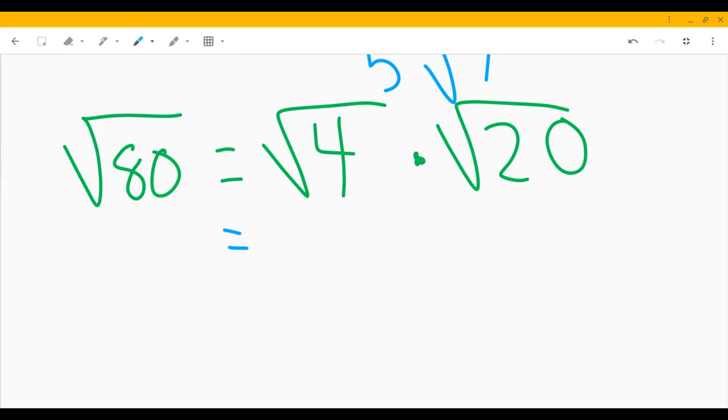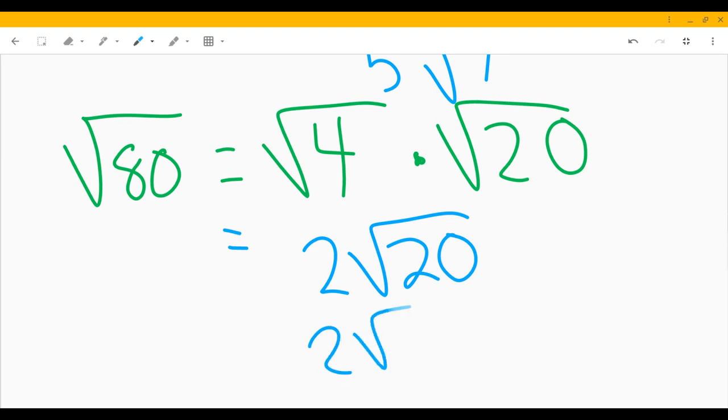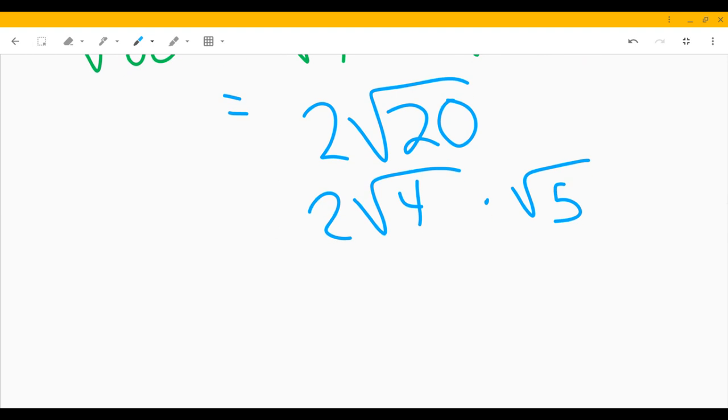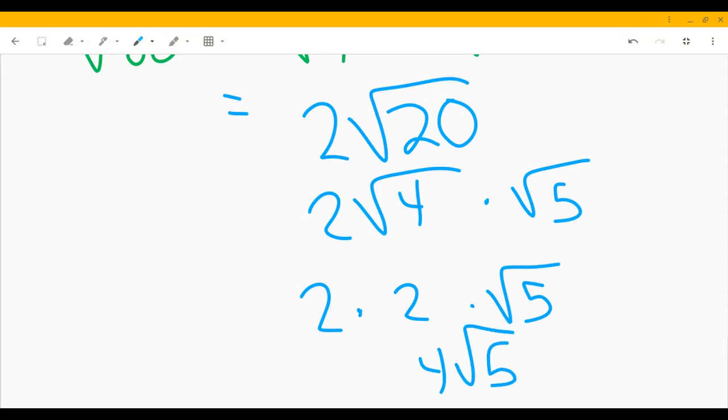This will be simplified to 2 radical 20. However, we worked on this problem earlier. We know that we can still simplify radical 20 as 2 radical 5. So that will be the same as 2 times 2 times radical 5, or just 4 radical 5.